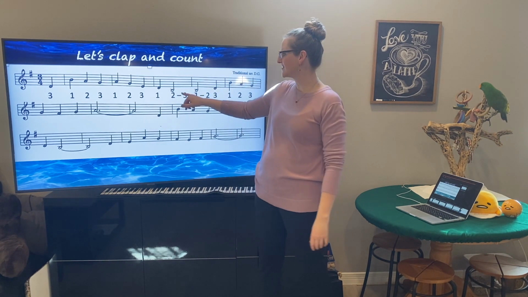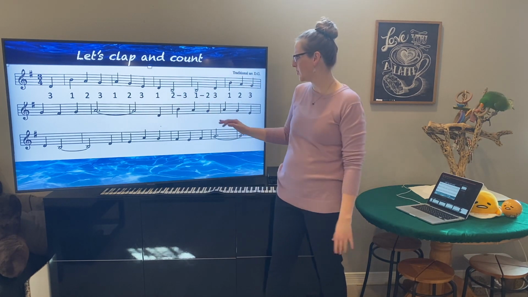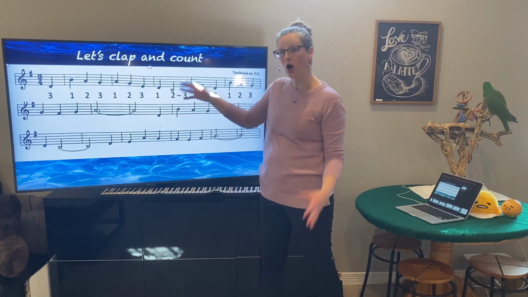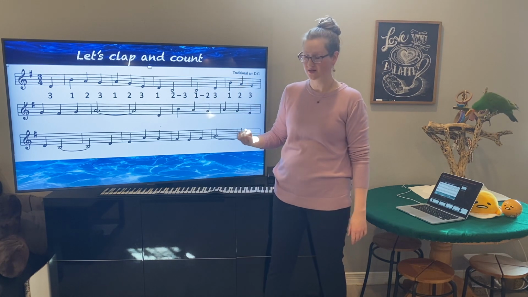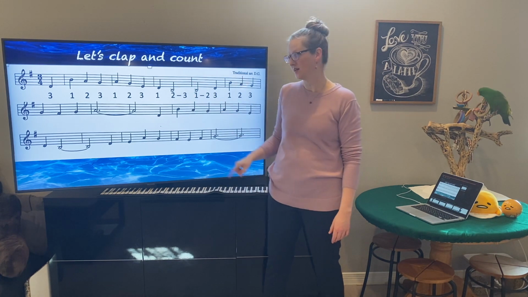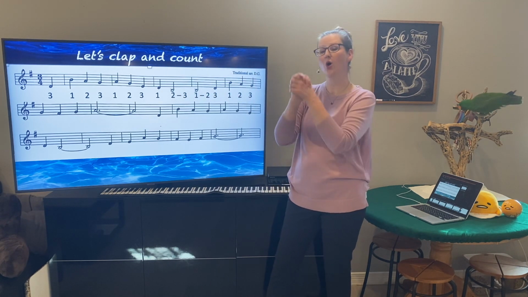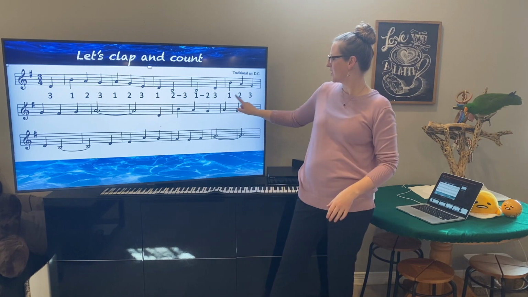Well, you can't see it because I've tried to make the words go away for the moment, but there is the tie there, remember? The tie holds those notes together even though there's a bar line. So we hold our hands together as well. So if we start here, 2, 3, 1, 2, 3, 1, 2, 3.